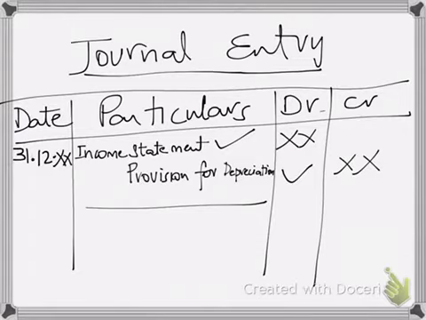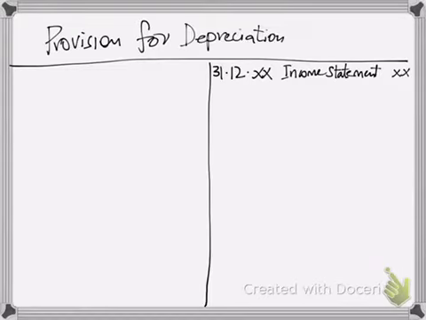Similarly, I will show the T account of depreciation as well. This is how you make the T account for provision for depreciation. This will obviously be made for all the non-current assets that your business has. So for each non-current asset, a separate provision for depreciation account will have to be maintained. And as stated earlier, the provision for depreciation will be recorded on the credit side.